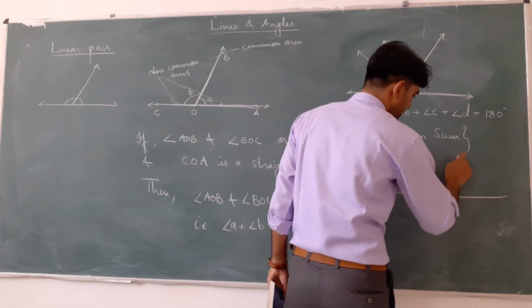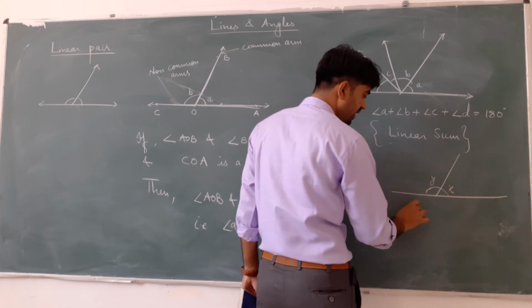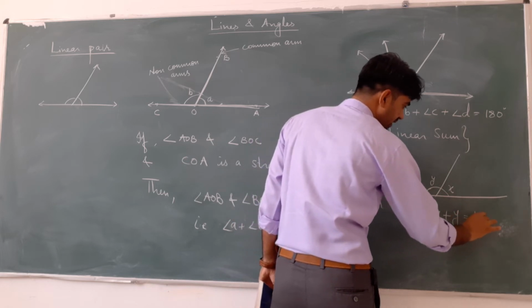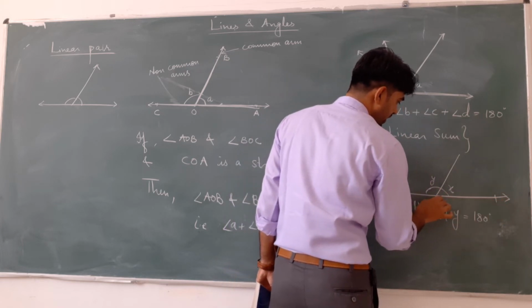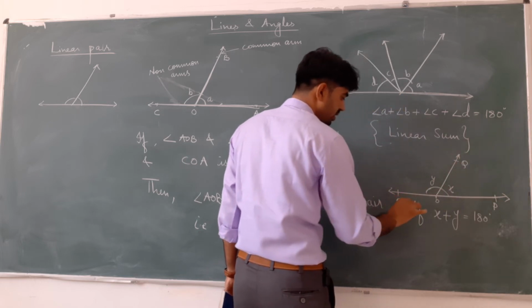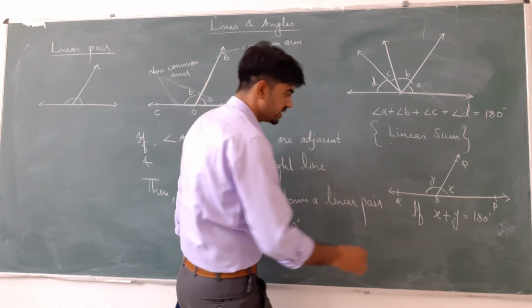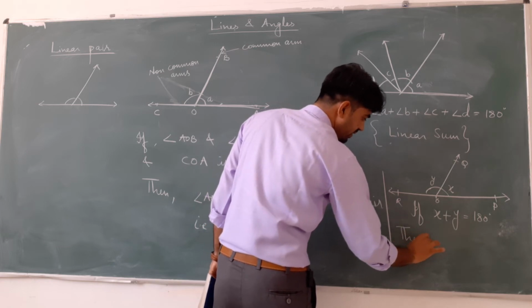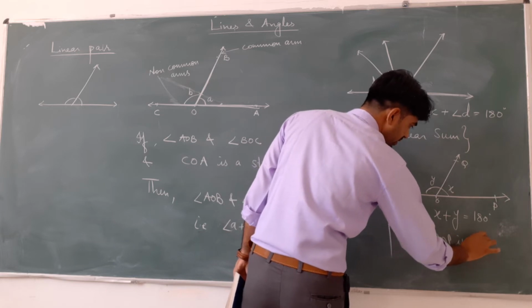If two angles are there and their sum, suppose they are x and y, if x plus y is 180 degrees, then, naming these rays P, Q, R, ROP will be a straight line.